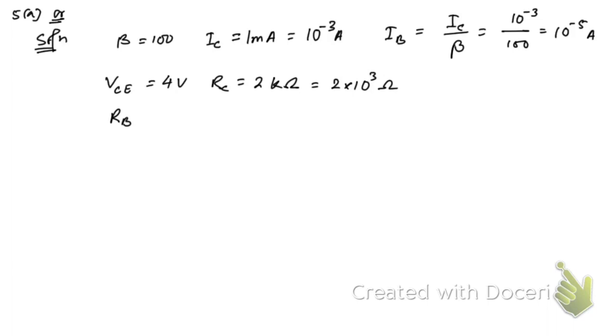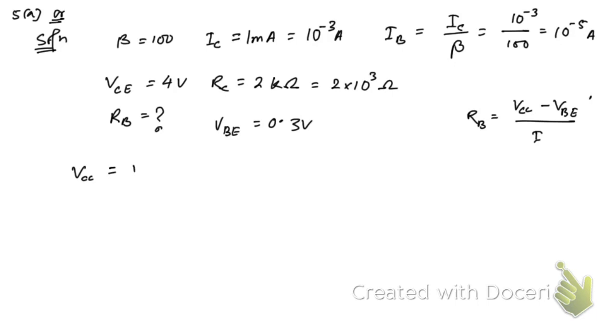Then we need to find RB, the base resistance. Here VBE, the base emitter voltage, is given as 0.3 volt. In order to calculate RB, we must know VCC minus VBE by IB. Here VCC is not given, which has to be calculated. First let me find VCC.